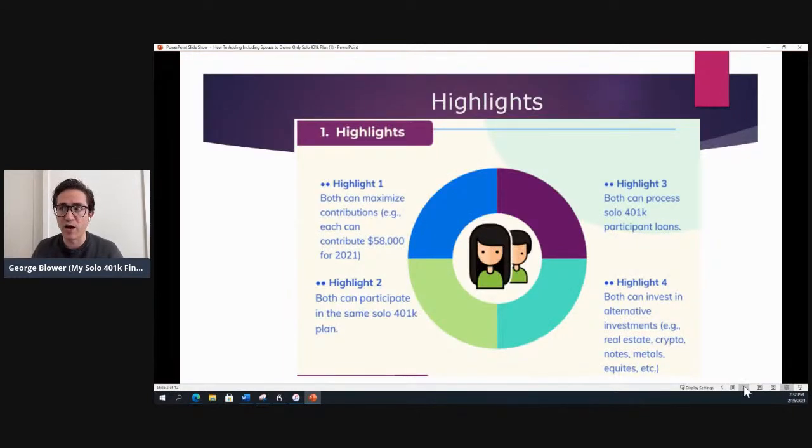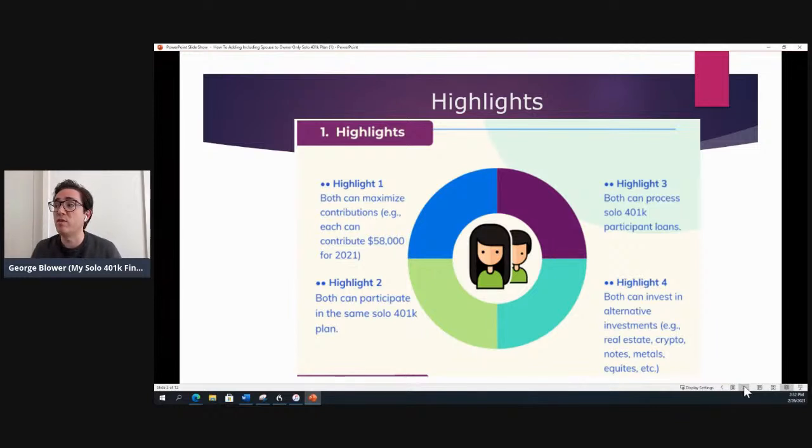So in terms of some of the highlights, when you're thinking about adding a spouse to a solo 401k plan, just to set the stage, a solo 401k plan is for somebody who's self-employed with no non-owner or non-spouse employees working in their business. They're able to set up a retirement plan, a solo 401k plan, for their business.